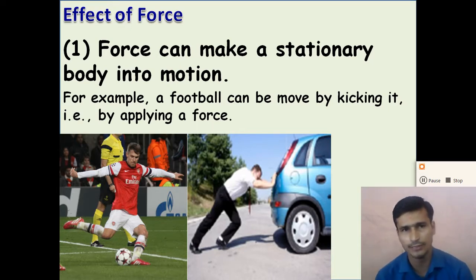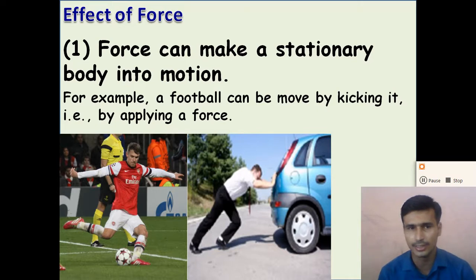So first effect of the force on the body is that a force can make a stationary body, a body at rest, into motion. For example, a football can be moved by kicking it, right? Initially the football is stationary at one position, but by applying a kick on the football, it can be moved.